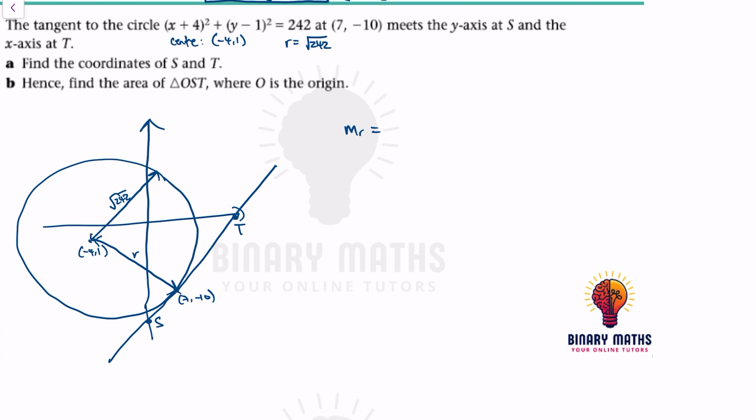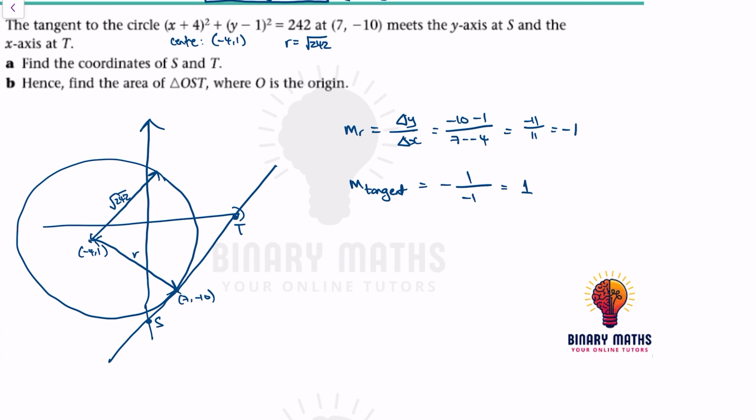Okay, so I get change in y over change in x, which is negative 10 take away 1 over 7 take away negative 4, which is negative 11 over 11, which is negative 1. So the gradient of the radius is -1, which means the gradient of the tangent, because it's perpendicular to the radius, is the negative reciprocal of it, which means it's equal to 1.